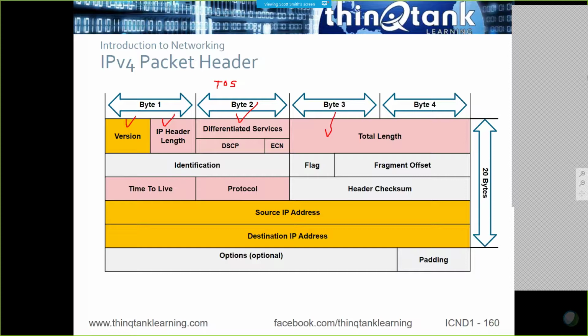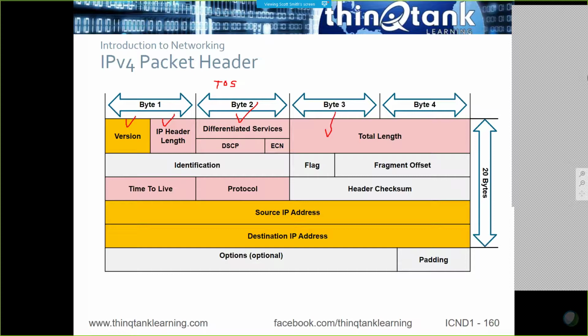GRE is an encapsulation protocol that allows us to encapsulate routing packets, and those routing packets are the payload. In layer 2, the data field, which goes from 46 bytes to 1500 bytes, is my payload. In layer 3, everything that goes above layer 3, which follows the layer 3 header, is my payload. So the total length field tells me how much data is actually encapsulated.